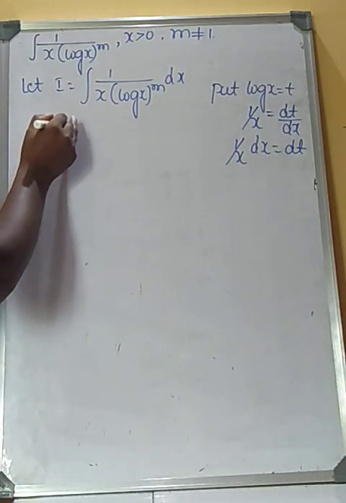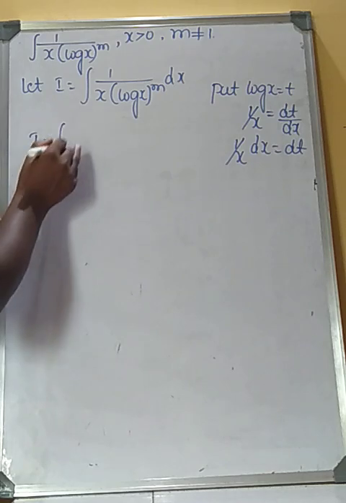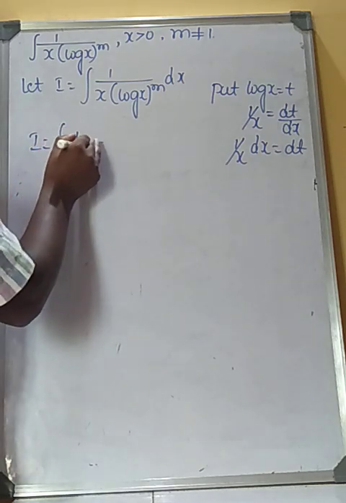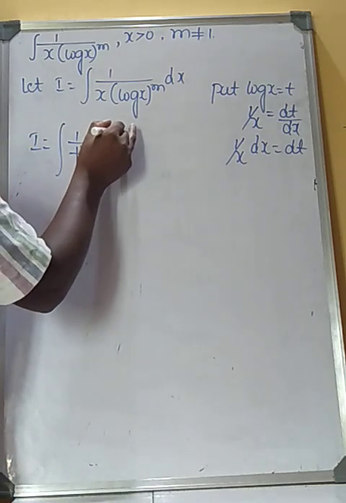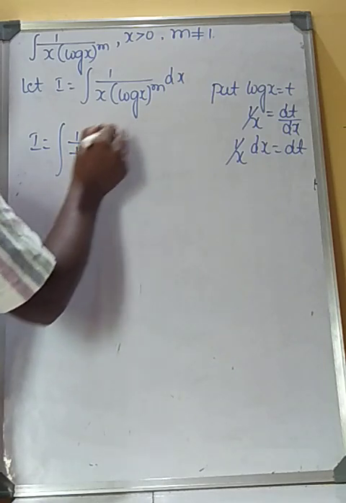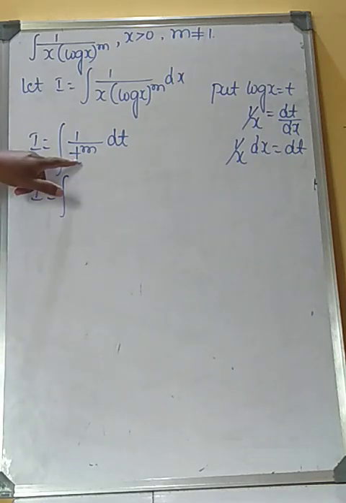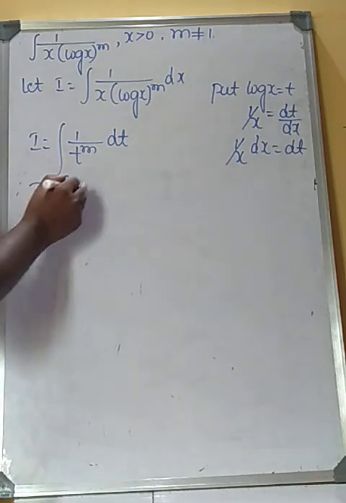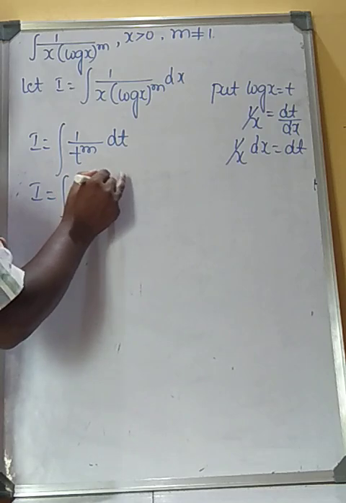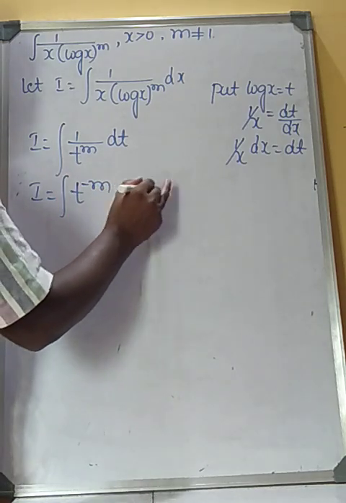Substituting in the given integral, I equals integral of 1 divided by t power m into dt. Therefore I equals, denominator t power m goes to numerator, integral of t power minus m into dt.